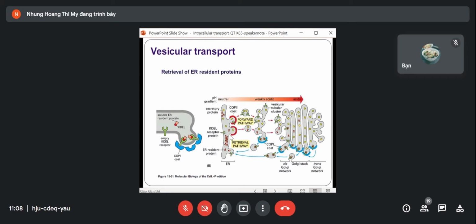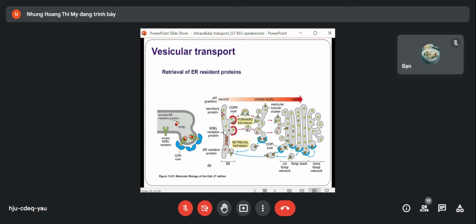So during the formation of the vesicle to collect the soluble cargo protein, it can also randomly take up the soluble KDEL protein in the lumen of the ER.